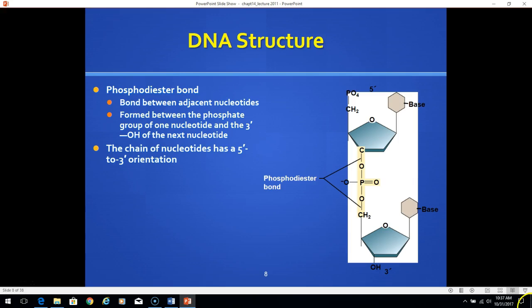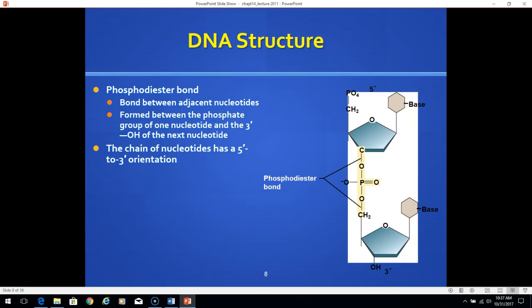The phosphodiester backbone, as I pointed out, here would be the 5' carbon. It attaches to the 3' carbon of the previous nucleotide, and so this is going to be the orientation. We always read DNA, so if you send your DNA off for sequencing to Ancestry.com or 23andMe or whatever, what they're going to be doing is reading the nucleotides from the 5' end first to the 3' end.